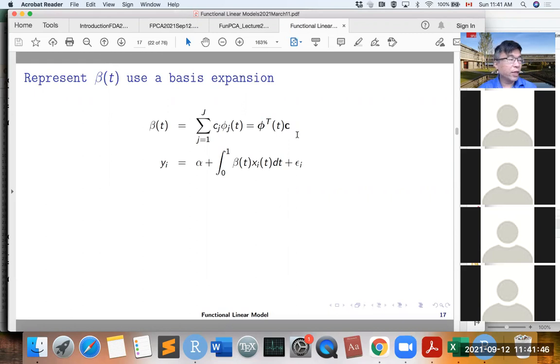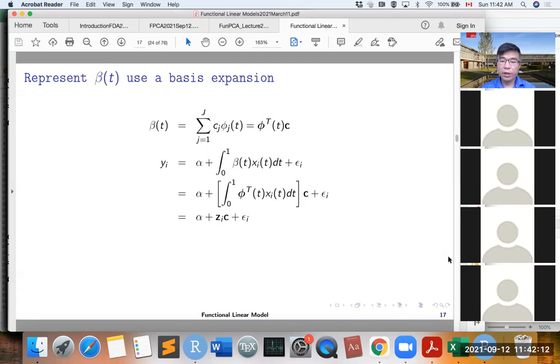With this expression, we can plug the expression of beta t into this formula, and because the basis coefficient c does not depend on t, we can put c outside the integral.